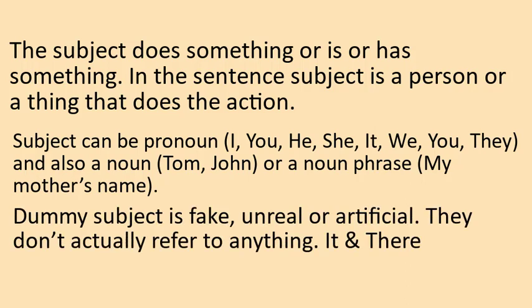And the other, dummy subject is fake, unreal, or artificial. They don't actually refer to anything. There are 2 of them, it and there. And the other will learn subject question.